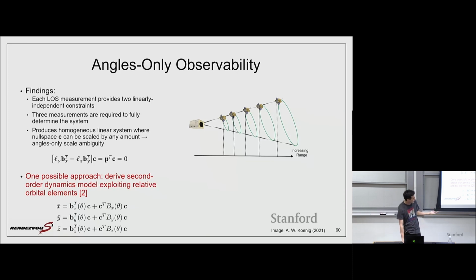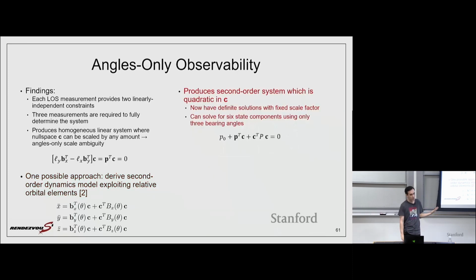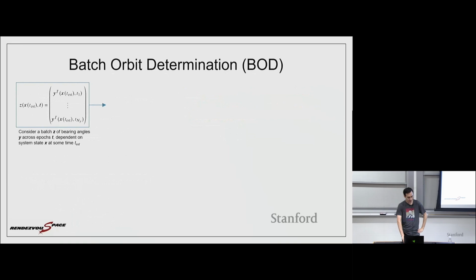If we substitute this into that system of equations, we get a quadratic system instead of a linear system. This quadratic system can give us definite solutions for the relative orbit elements, including the target range, if you're able to solve it. So if we have second-order information and take that into account, we can get the observability we need for angles-only navigation. That is partly applied in the batch orbit determination system here.